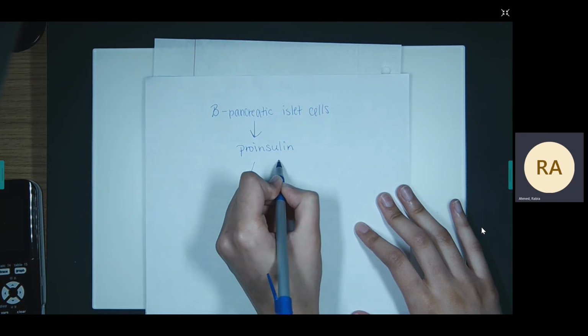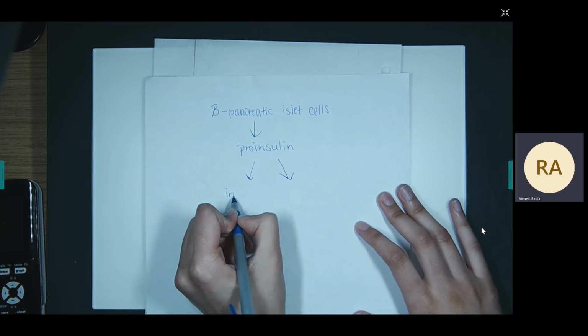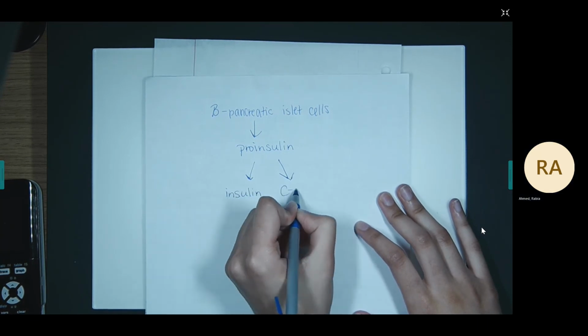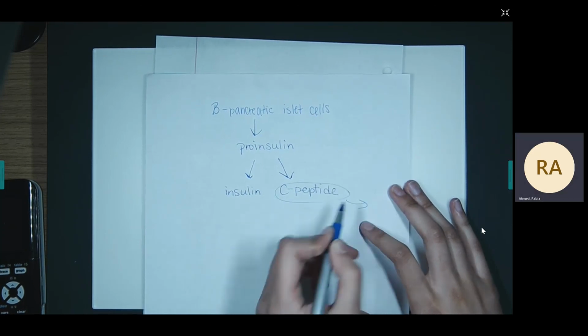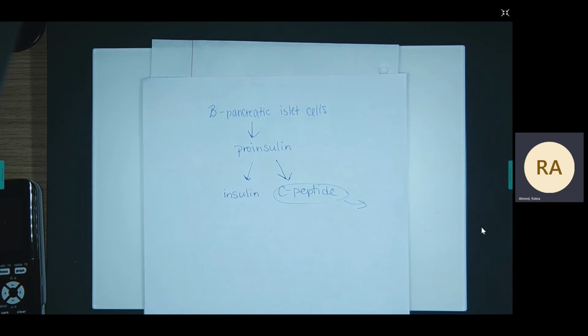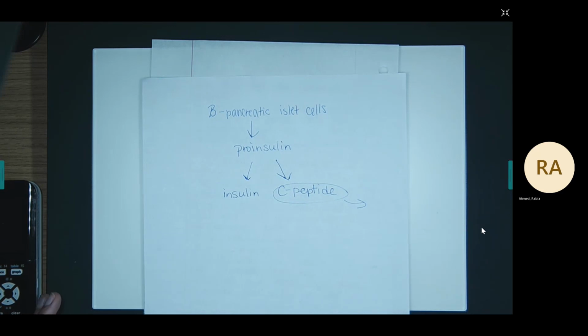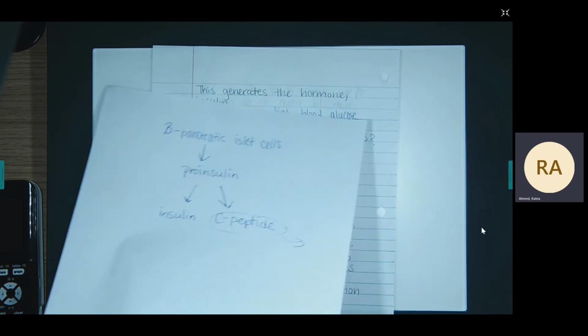And then proinsulin splits into two, producing insulin and C-peptide. And then this just leaves. It'll make a little more sense once I go over question 2B also. Okay, I'm going to move on from this.